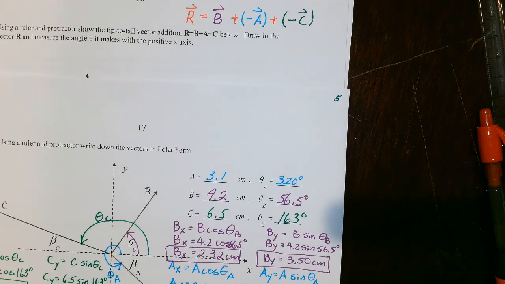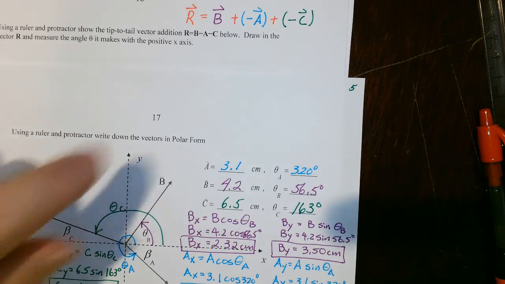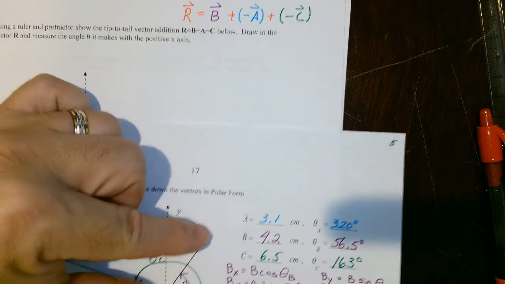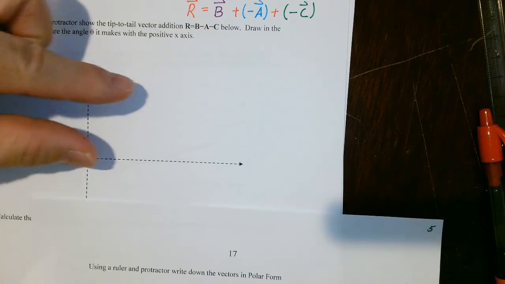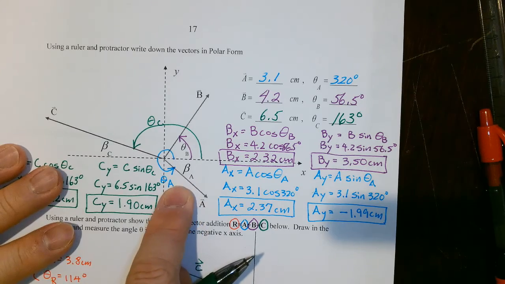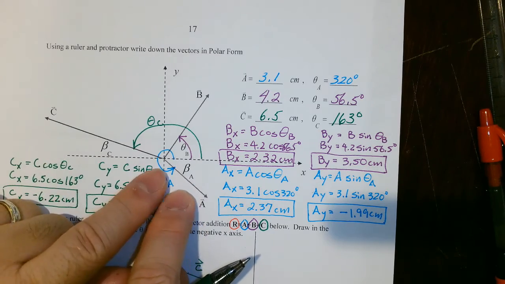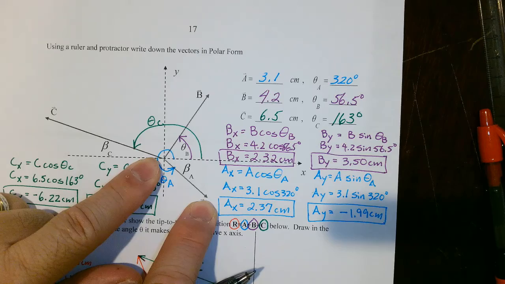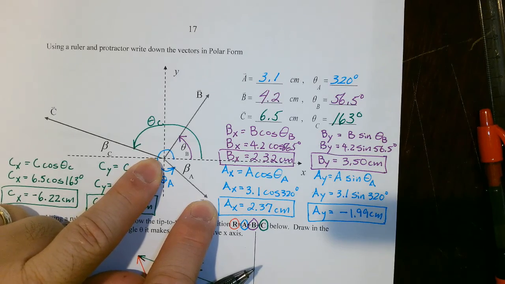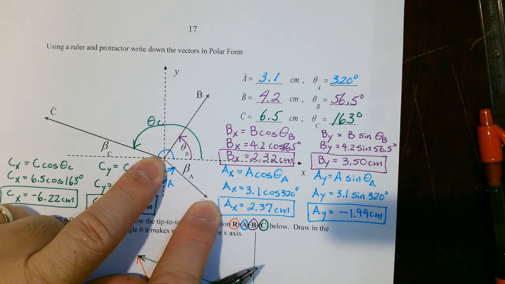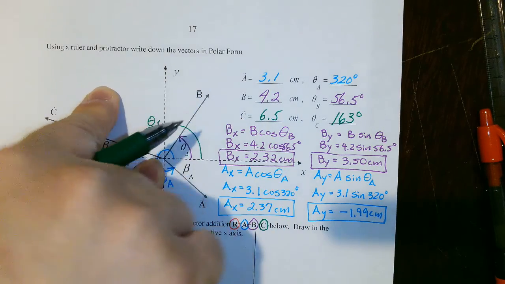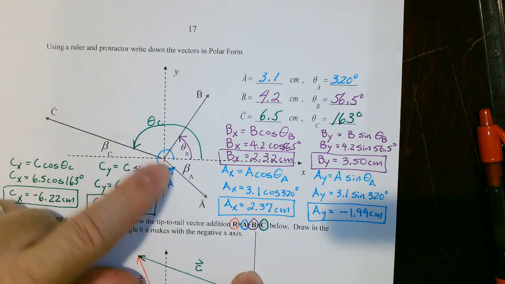So b is okay. We just have to get the b out from here and place it like that. But the negative a has to be the same magnitude, but in the opposite direction of this a. So it's going to be flipped, going this way. That's my negative a.